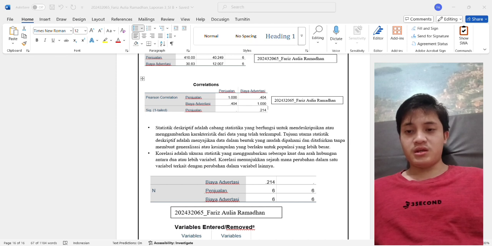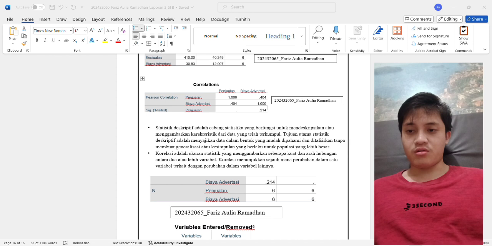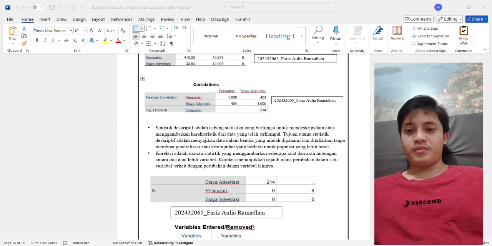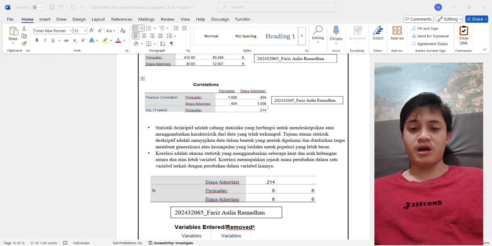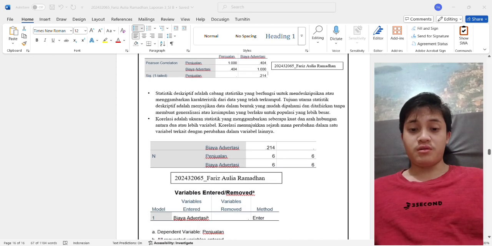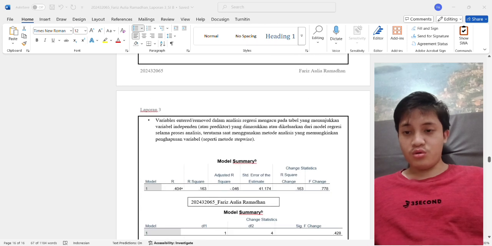Descriptive statistics is a branch of statistics that functions to describe the characteristics of the data that has been collected. Correlation is a statistical measure that describes how strong the relationship is between two or more variables.